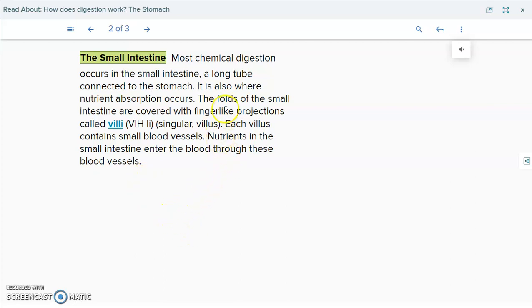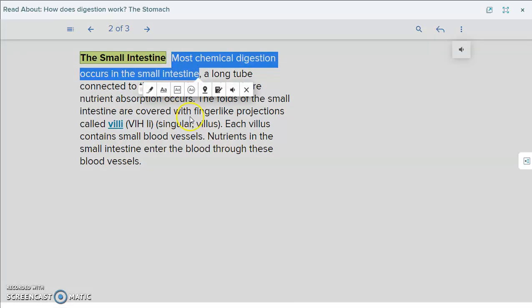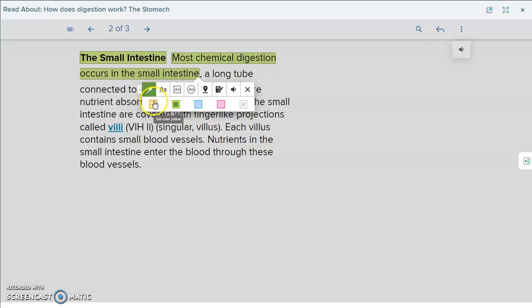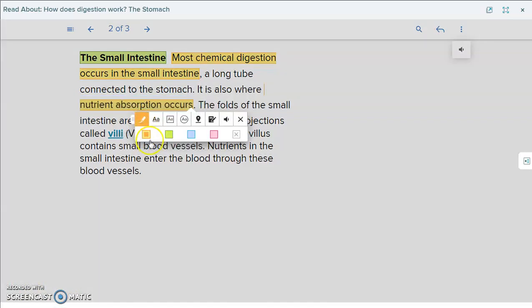For example, here we can read: most chemical digestion occurs in the small intestine. This is number 1. Nutrient absorption occurs in this part also.